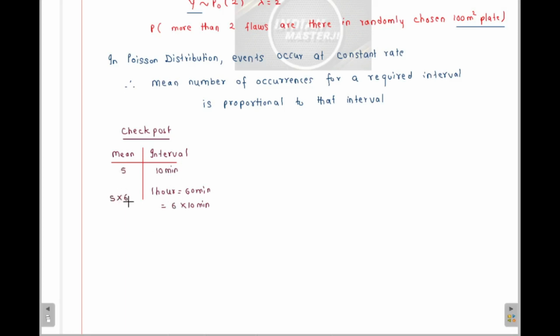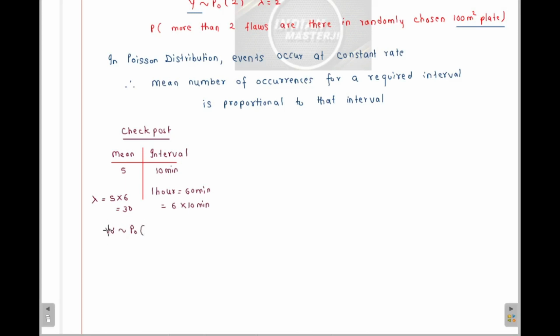So the new mean will be equal to 30. This will be our new mean. And now we can take any other letter like W to represent the number of cars passing through the check post for a randomly chosen hour.